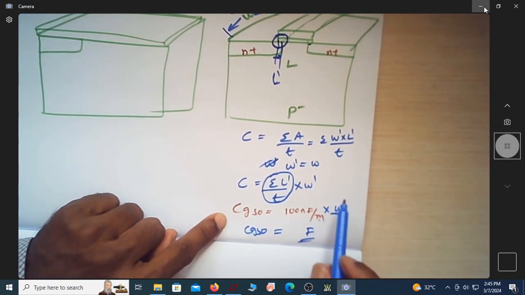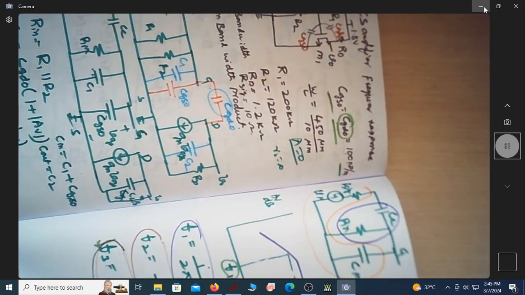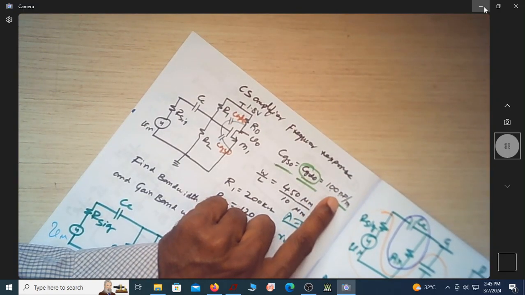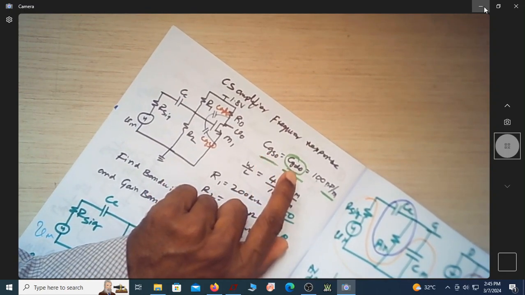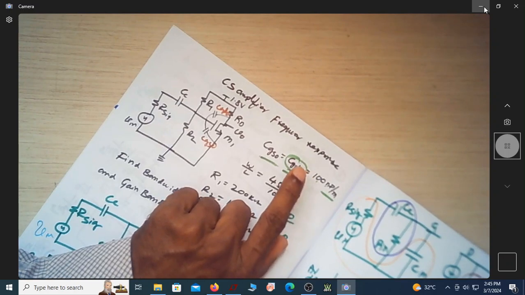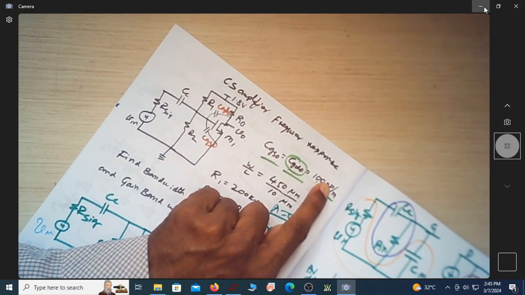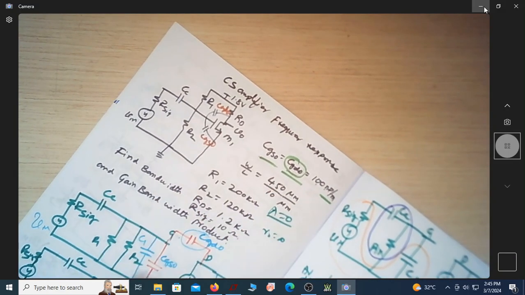In this problem we have been given CGSO, CGDO in nanofarad per meter. To know CGSO, CGDO in farads, I have to multiply by 450 micrometer.